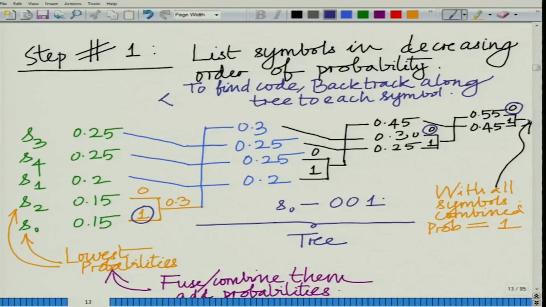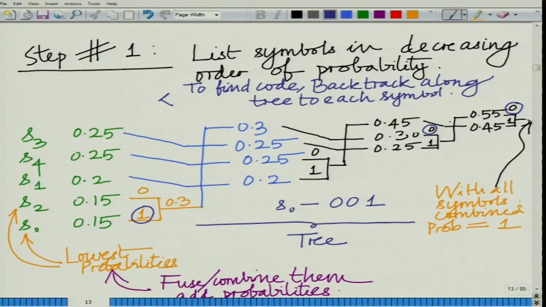Let me repeat this procedure again. If you trace the path from S0 to this root node, you can see you start with S0, the corresponding branch has 1, okay. Then the fusion results in probability 0.3, 0.3 goes over here. Now in this stage where you are fusing 0.3 and 0.25, 0.3 is assigned 0, again it goes into 0.55, and in this stage finally when you are fusing 0.55 and 0.45, 0.55 is assigned 0.